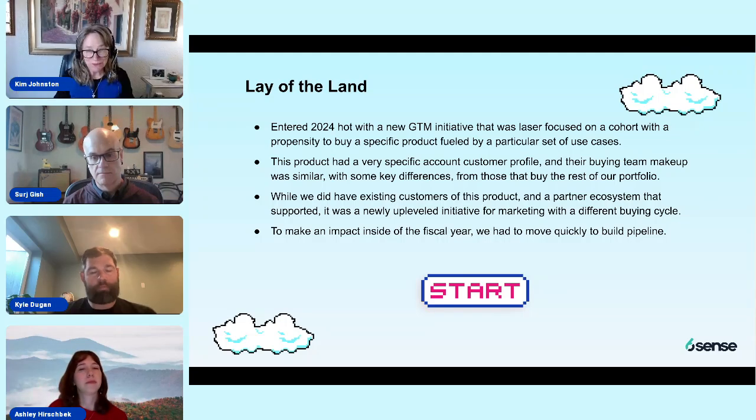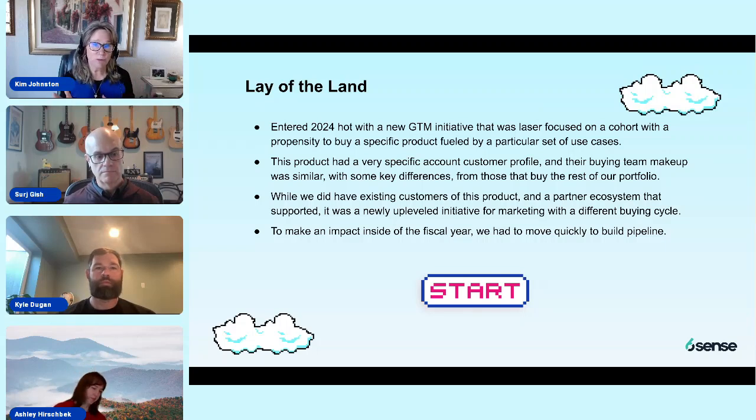Yeah, you bet. So I would call this step 0 in Kyle's 5 steps. It's the context behind the campaign that we built. We entered this year with a very hot new initiative from the top, and that was to go after a different set of cohorts, a little different than our typical ideal customer profile, to sell a particular combination of products that we have in the portfolio.